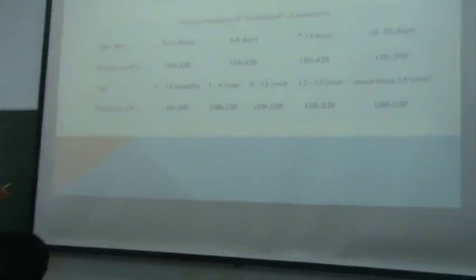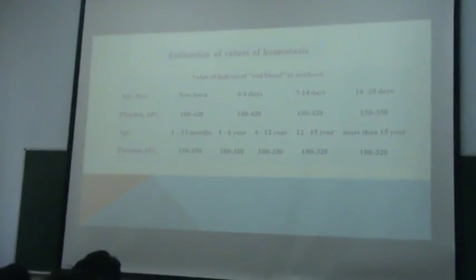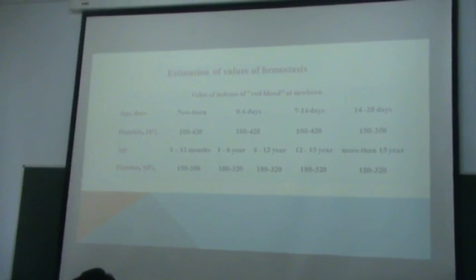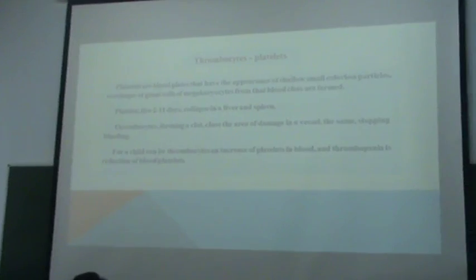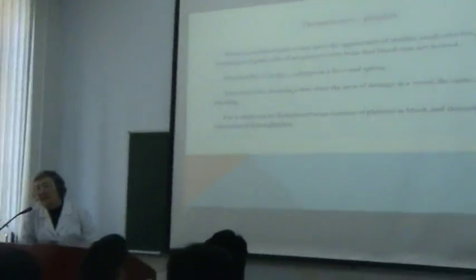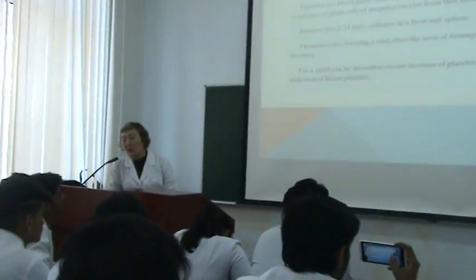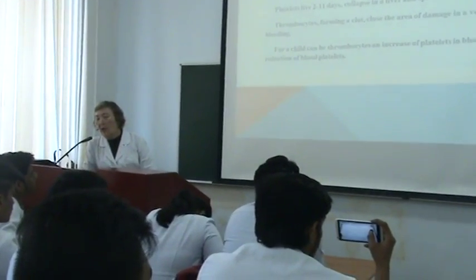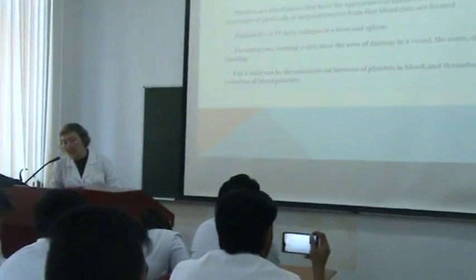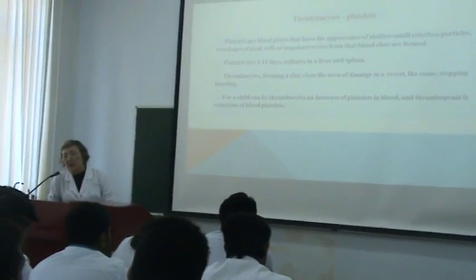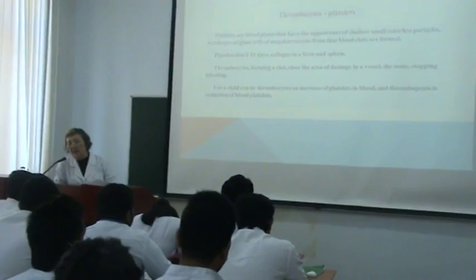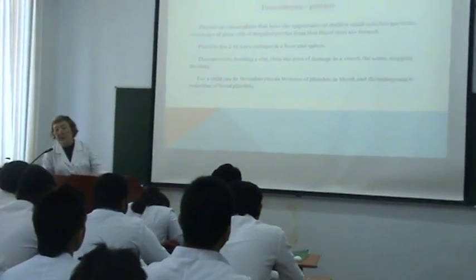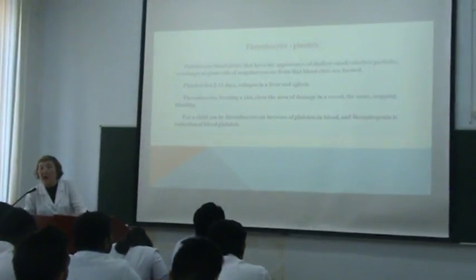This is a table about the amount of thrombocytes or platelets. What are thrombocytes? Thrombocytes are blood plates that have the appearance of small colorless particles, or giant cells, and megakaryocytes from which blood clots are formed.